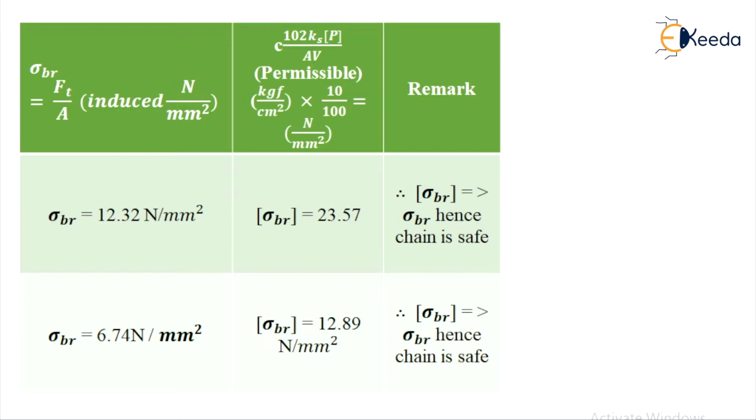So from the tabular values, we can see that for the chain 16A1, the permissible bearing stress is greater than the induced value of bearing stress. Hence, the chain is safe. Whereas, in the second case also, the permissible value of bearing stress is greater than the induced value of bearing stress. So, this chain is also safe.